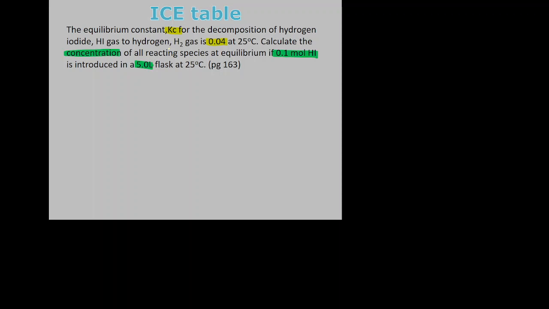Okay, dia cakap decomposition of hydrogen iodide into hydrogen gas. So maksudnya hydrogen iodide gas, okay, remember to write the phase, it decomposes into hydrogen gas, and also since hydrogen gas, iodine ni pun sepatutnya jadi have to go somewhere lah kan, so we also have iodine gas.